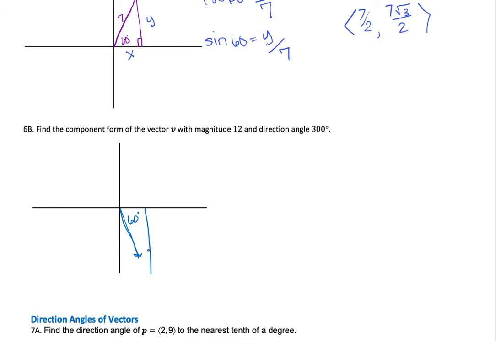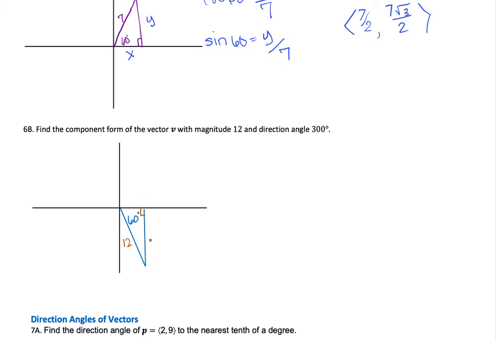And that's what I was getting at. Okay, I paused it and tried to put straighter lines and it still didn't work that well. But I have my right angle here, my 60 degrees here, and the magnitude is 12 right here.